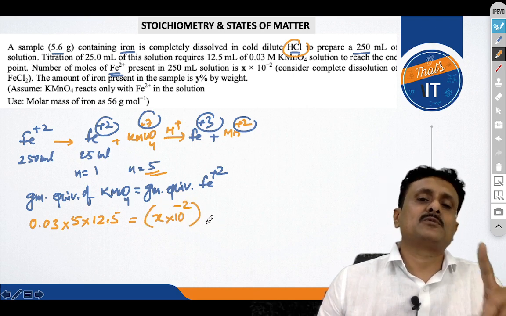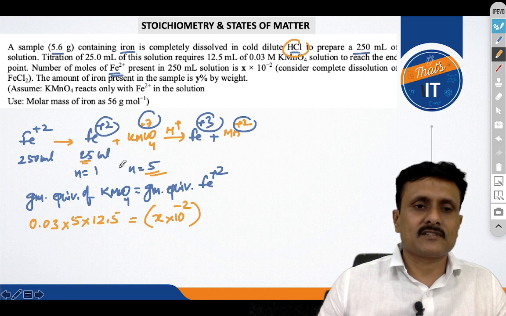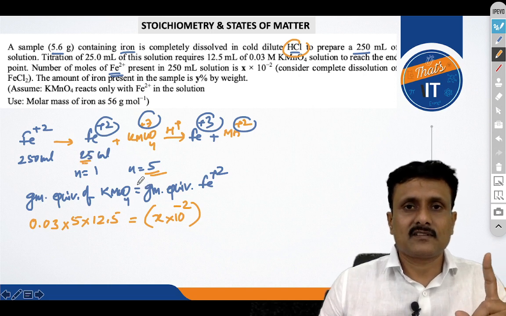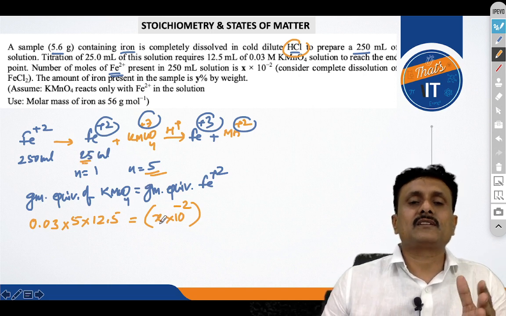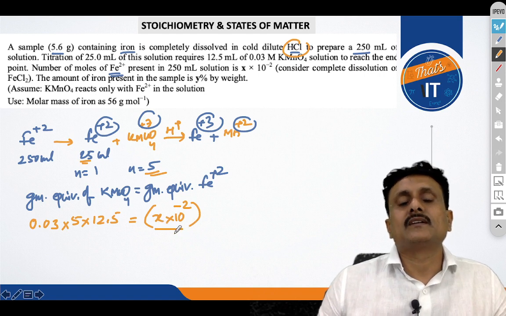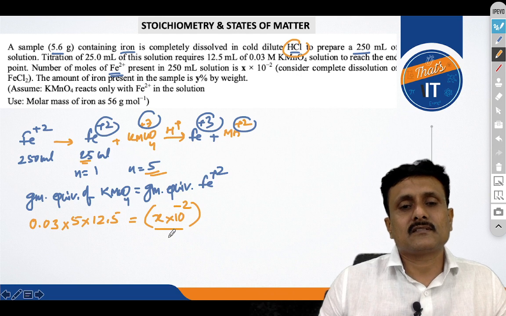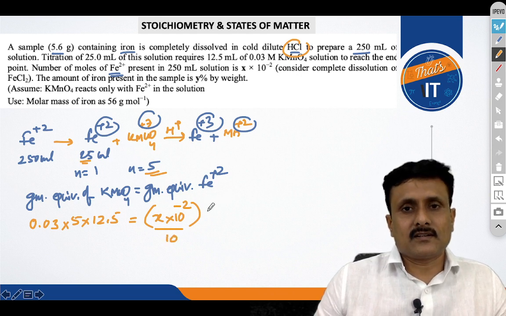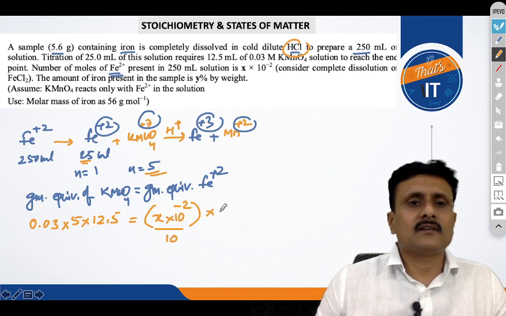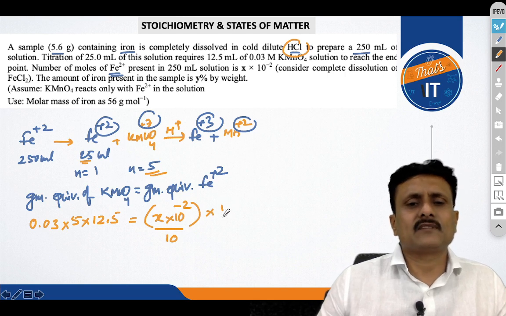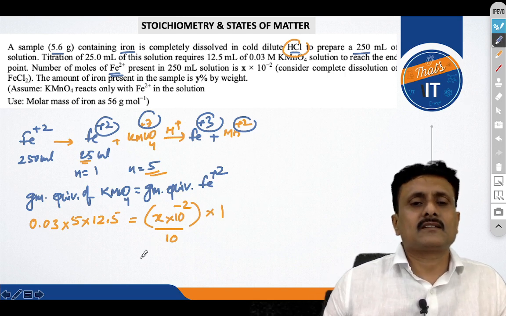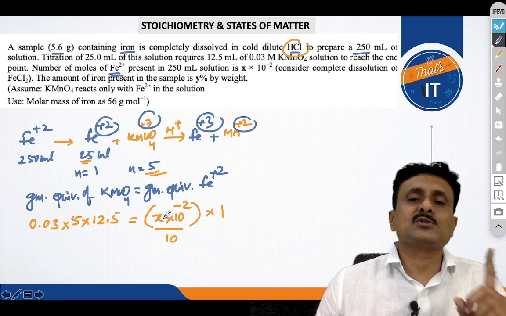These are present in 250 ml. Here the titration was done for 25 ml. Remember this. These are present in 250. For 25, how much will it be? Into 25 divided by 250, right? That is divided by 10, into the moles only, isn't it? Moles into N factor, right? Directly the number of moles are given, but moles in 250.